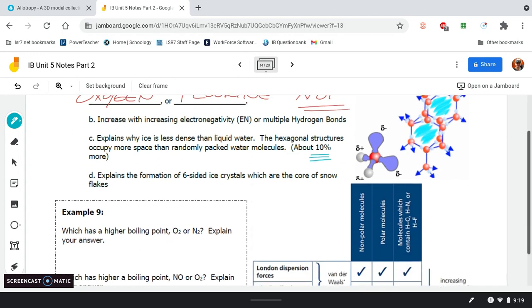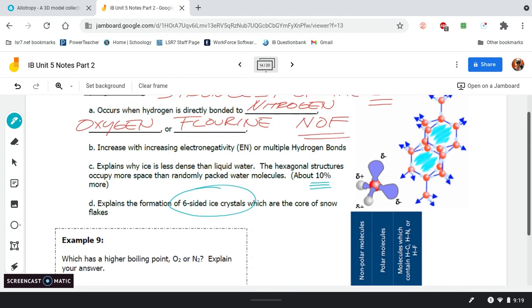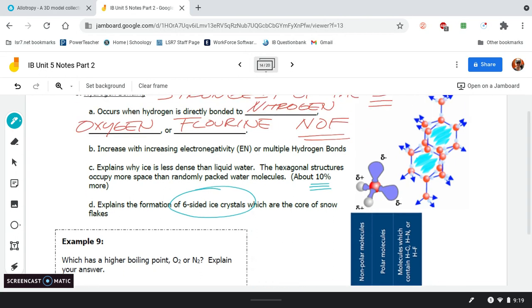For more trivia knowledge to win lots of money in the future on a trivia game, the hydrogen bonds are why all of your snowflakes have six sides. If you look at a snowflake, it has six sides, and that's also part of that hydrogen bond. But this ability for ice to float is a really big deal biologically.